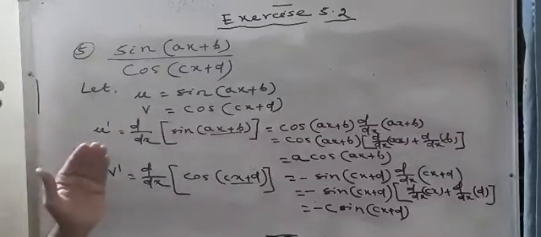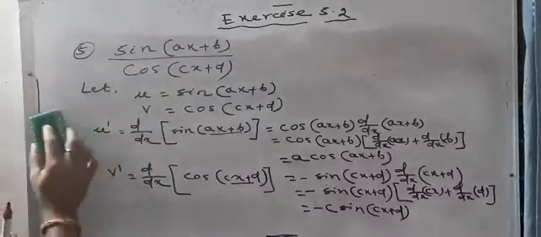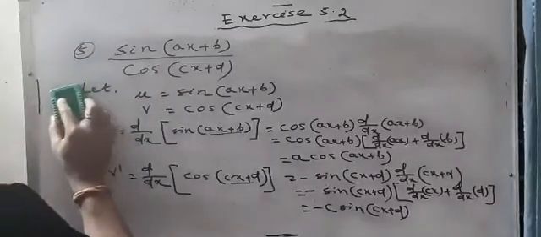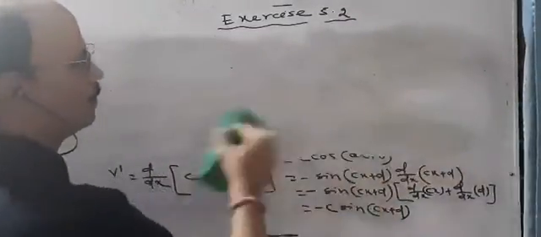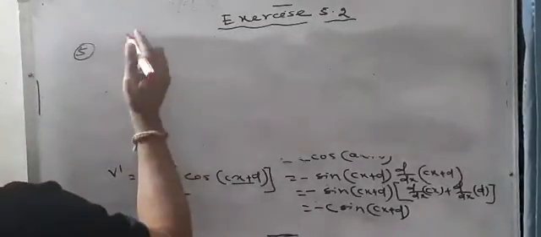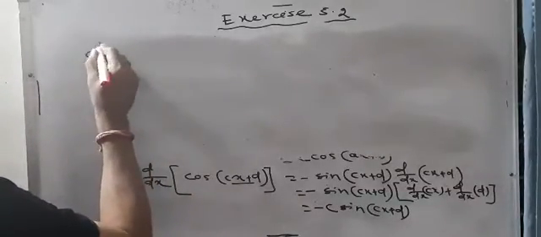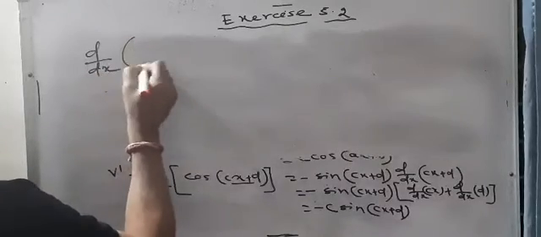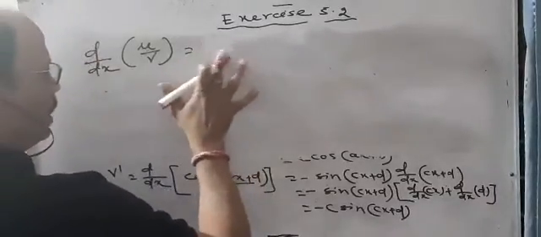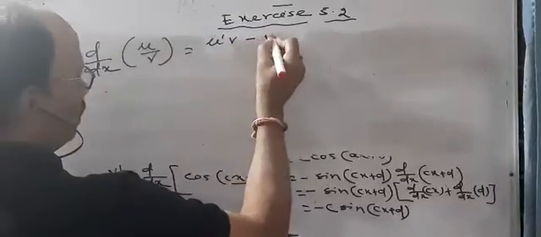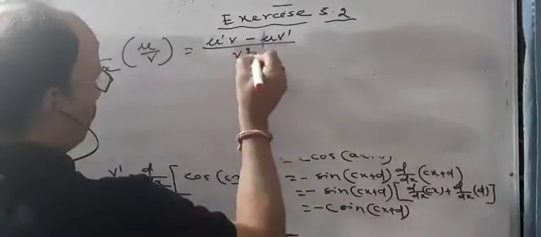Let's put in the formula, that is d dx of u upon v, which is equal to u dash v minus u v dash upon v square.